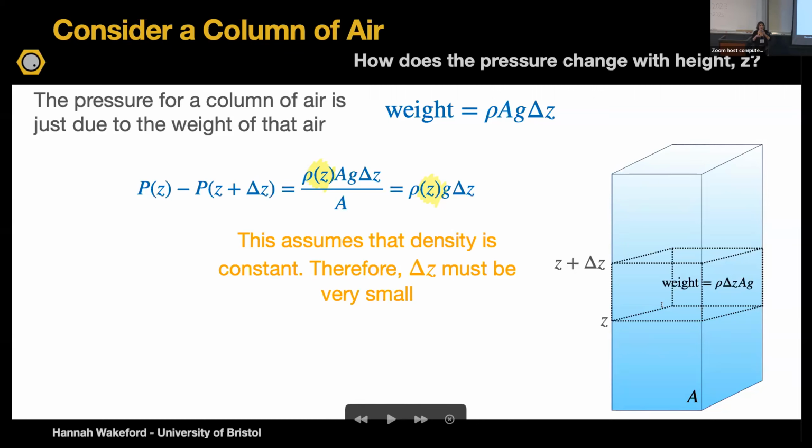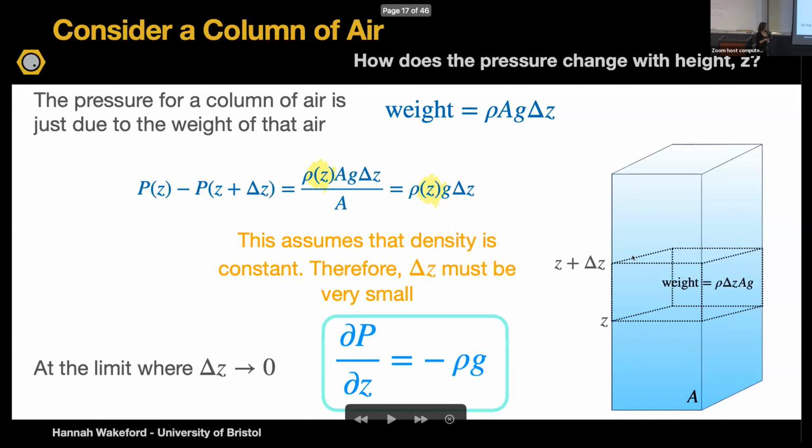So we actually have to make the change in our altitude very, very small. So our delta Z, the amount that we're measuring here from our base atmosphere to here, is very, very small. So using this where we take it to our limit, we can say that the change in pressure with the change in altitude is equal to minus the density times the gravity of that planet.